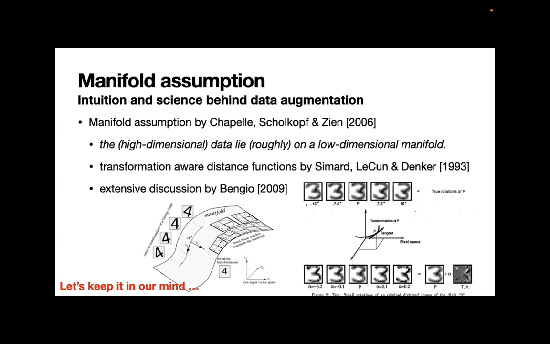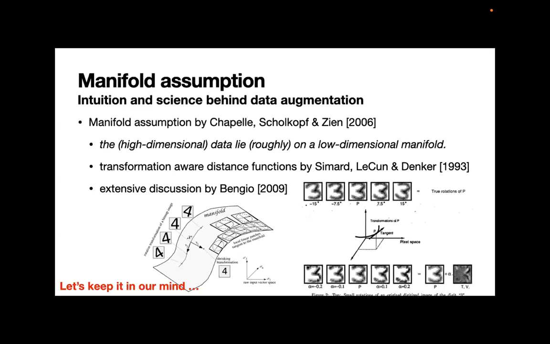In fact, this is not a new thing. Everyone has been using this in one sense or another in order to build very efficient classification models or generative models and whatnot. For instance, in the paper by Simard et al. from 1993, the major innovation they introduced back then was a so-called transformation aware distance function, and they incorporated that into building a convolutional neural network to do digit recognition.